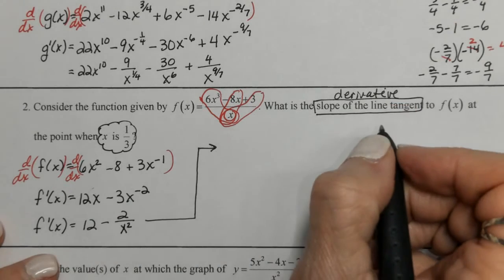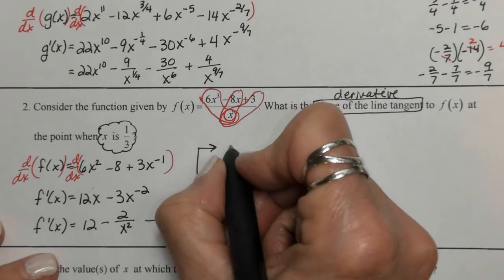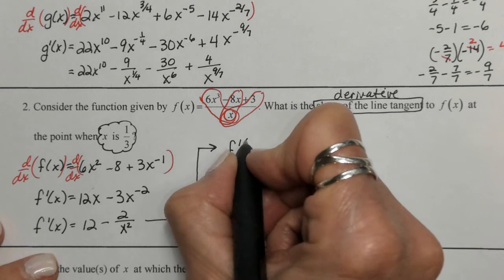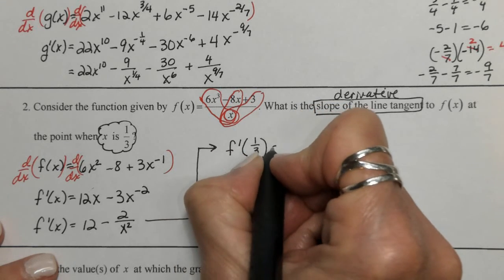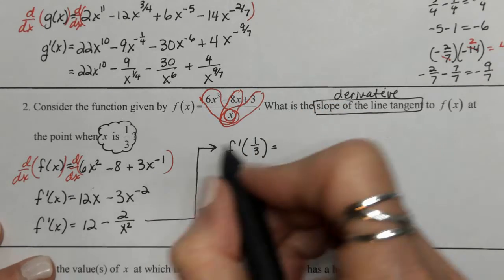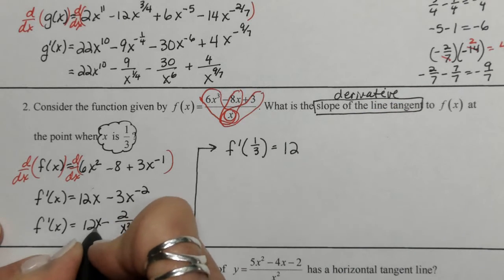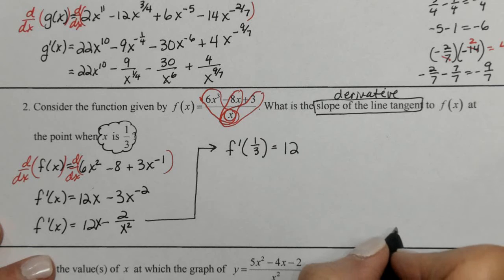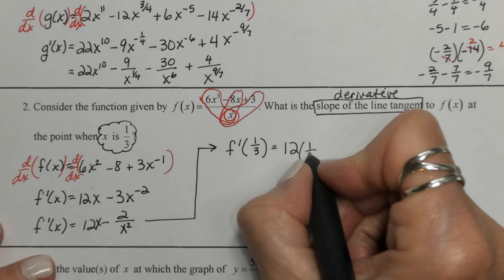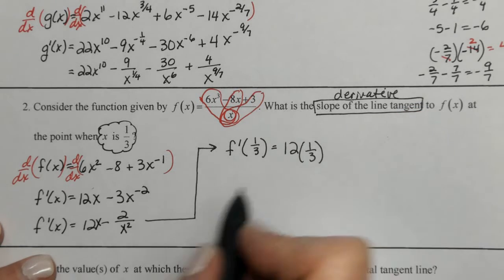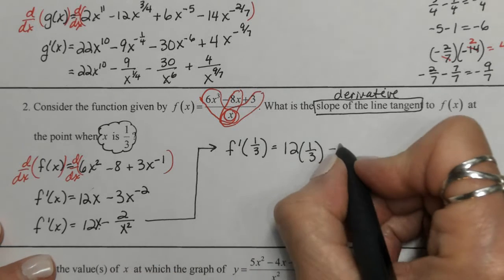I need to say what I'm doing. So one way to say that is f prime at 1/3 is equal to, so now I am plugging, I forgot my x right there. Now I am plugging in 1/3 for x. So I'm plugging in 1/3 for that x and for this x.